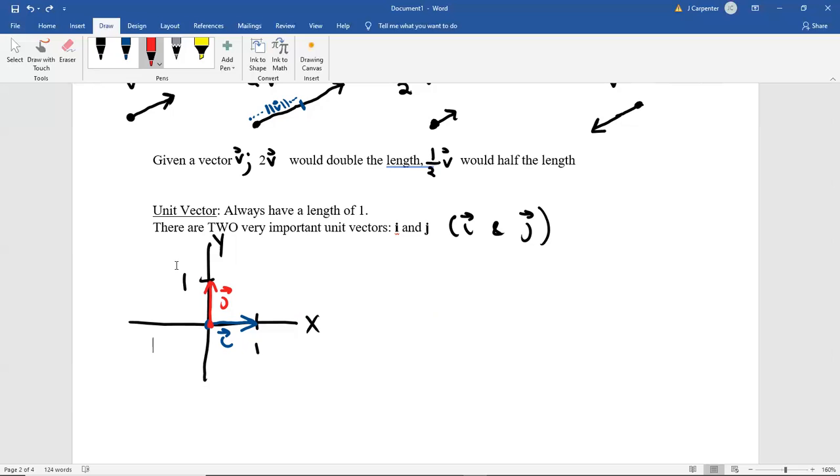So with these i's and j's, we can represent any and every vector with scalar multiples of i and j.